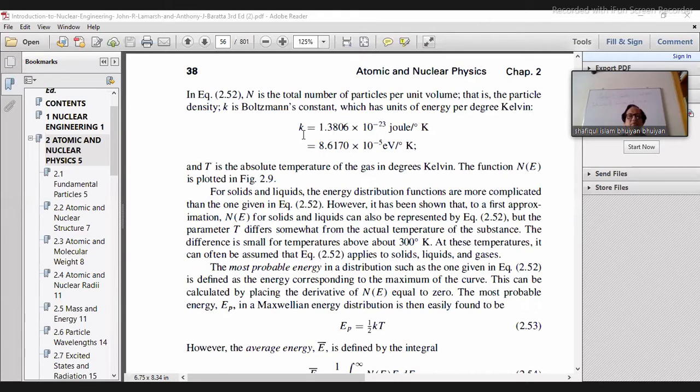So this is the value of k. As we'll be using eV, it is better to put it in eV. And T is the absolute temperature of the gas.